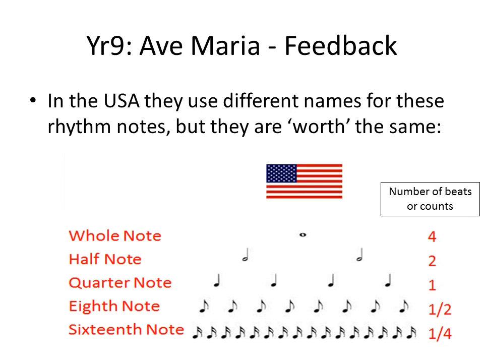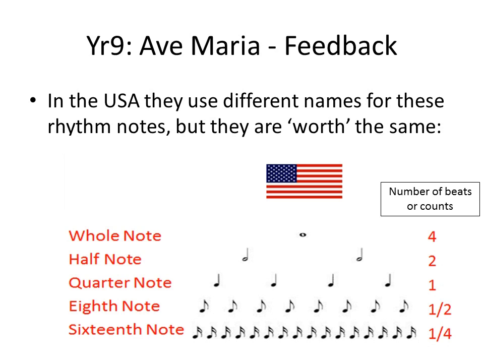Now the Americans use the same notes. They're worth the same value, same number of beats, but they call them something slightly different. The semibreve is the whole note. The minim is the half note. The crotchet is a quarter note. Quaver, 8th note. Semiquaver, 16th note.